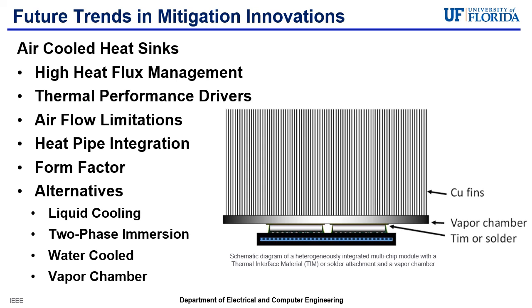Water-cooled systems use water's high thermal conductivity to absorb and transfer heat away. Vapor chambers function similarly to heat pipes, using phase change to transfer heat across a flat plane. Each of these alternatives has its own benefits and challenges, and their application depends on specific system requirements and constraints.